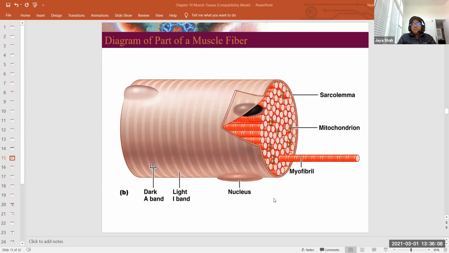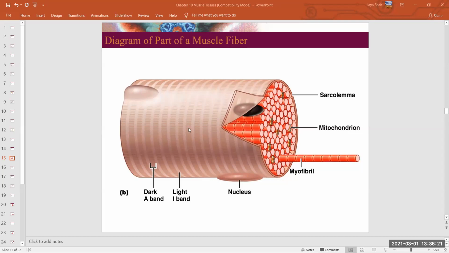Anybody else? Is it the epimysium? Perimysium, right? What is this? It's a fascicle. No, that's the myofibril. Endomysium?